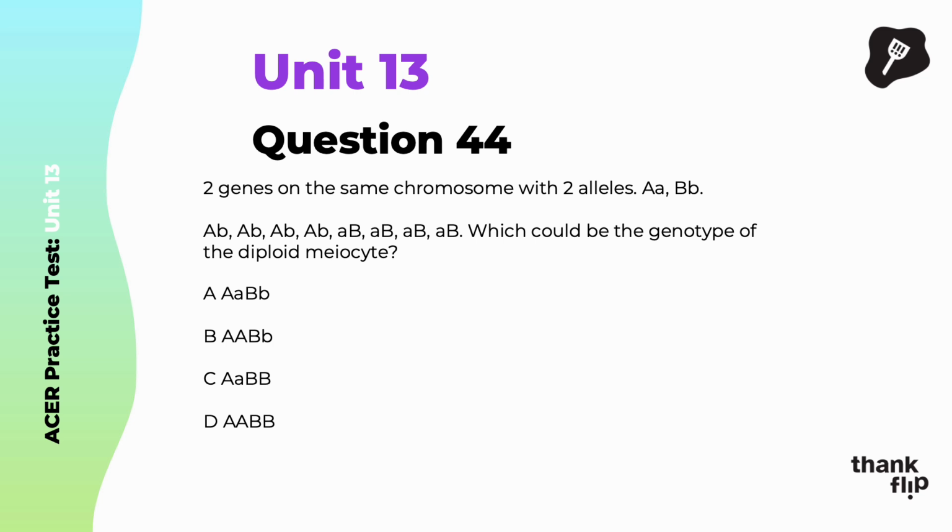The diploid myocyte is what actually undergoes meiosis, and then it becomes haploid spores. And those haploid spores are what we see in the octad. So in the octad, it would be A, B, A, B, A, B, A, B, just drawing that downwards. And then it switches around.